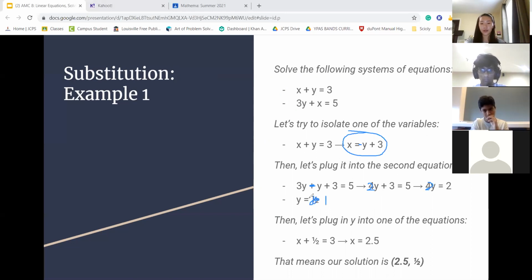Sorry about this, guys. Then we plug y into one of our equations. So we put in 1 here, and then x is 2. So our solution is actually 2 comma 1. Thank you for catching that, to the people who said that.